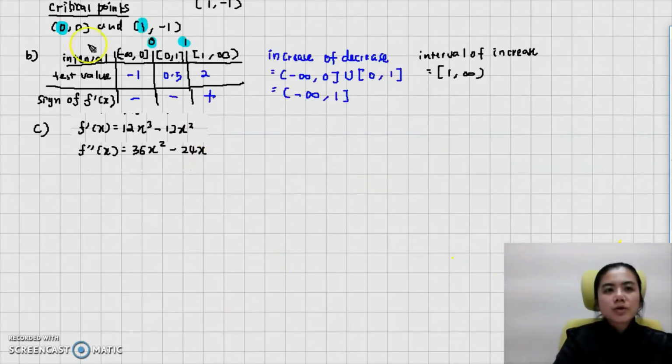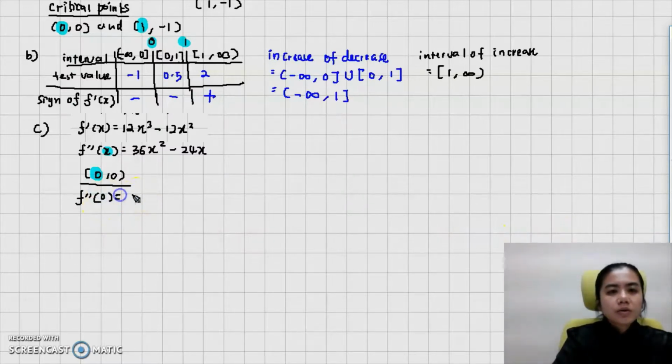Now I want to know whether this critical point is a minimum or maximum. So I have to test each of them. First, I test the first critical point, that is 0, 0. It means you're going to substitute x equal to 0 into this equation that we have here.